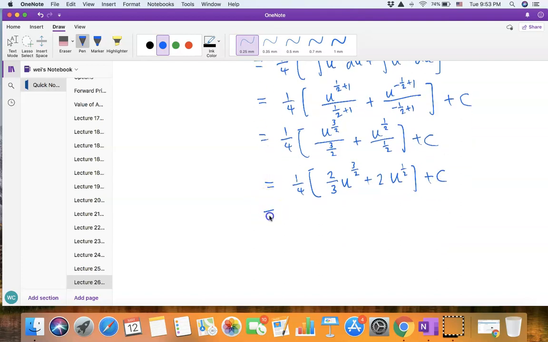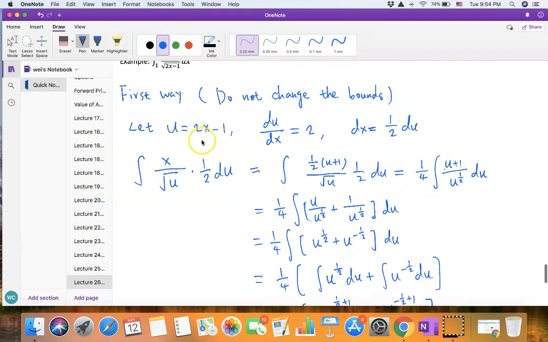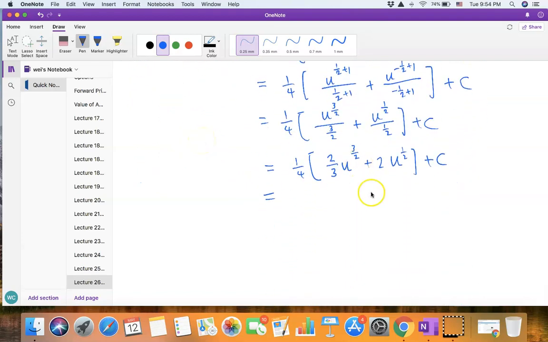Okay, let me distribute the 1 over 4 into this first. So I will get 1 over 6 times u to the power of 3 over 2 plus 1 over 2 times u to the power of 1 over 2.